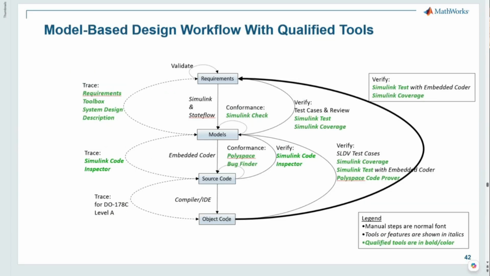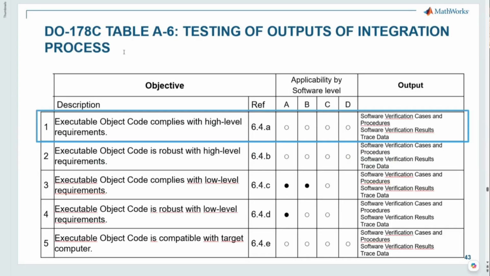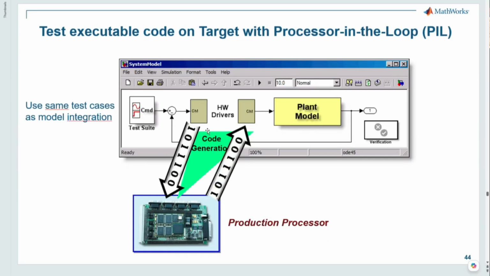And finally, showing the object code complies with high-level requirements. So here we've got table A6, and this can be done using Simulink with Simulink Test. And instead of running the model itself, you run the code generated from the model that you can run on the target.